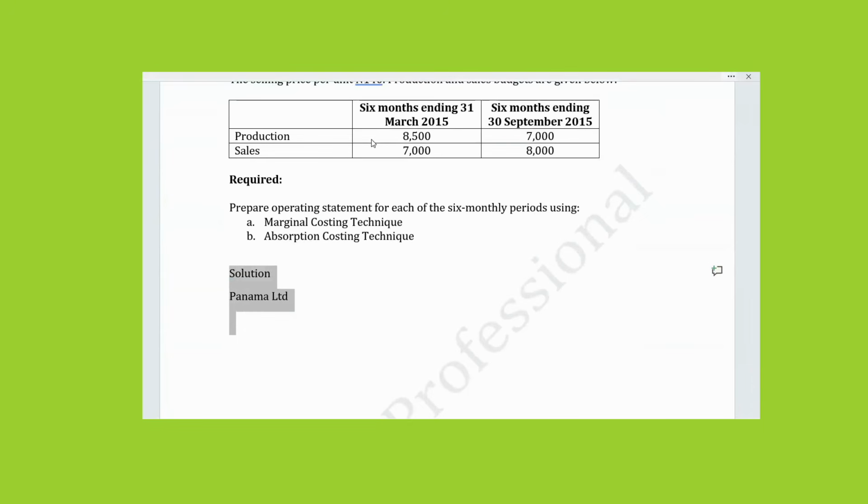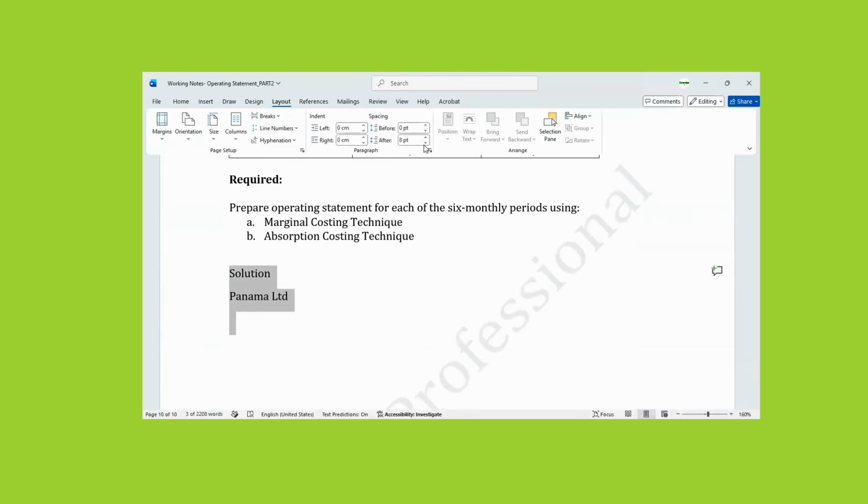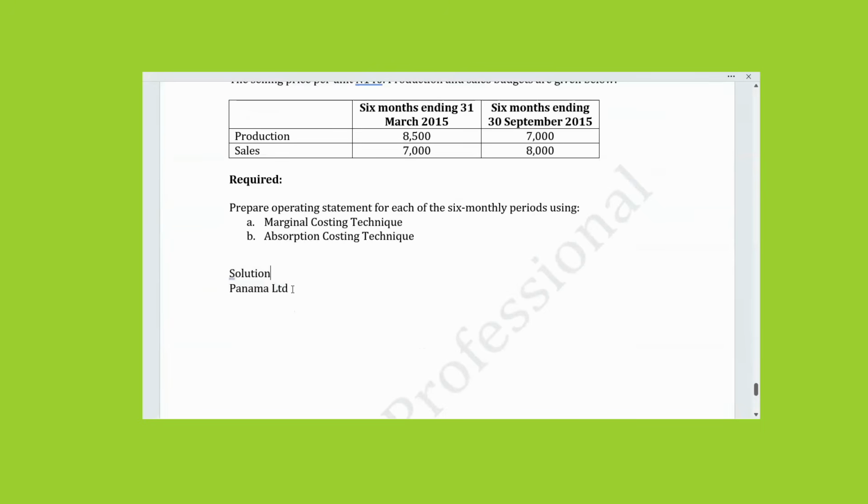Then in requirement number A, we are to prepare operating statements using the first method. We are told to use marginal costing. So using marginal costing method, marginal costing technique is what the examiner calls it. Our figures will remain in thousands.